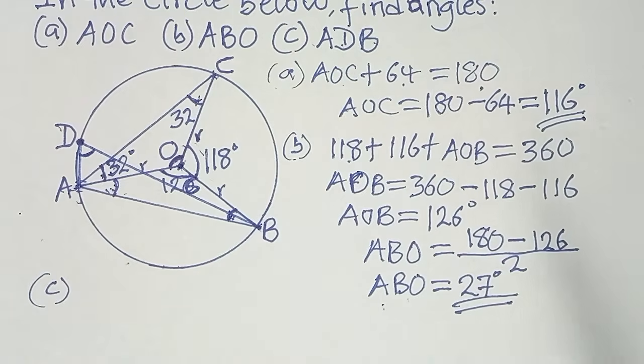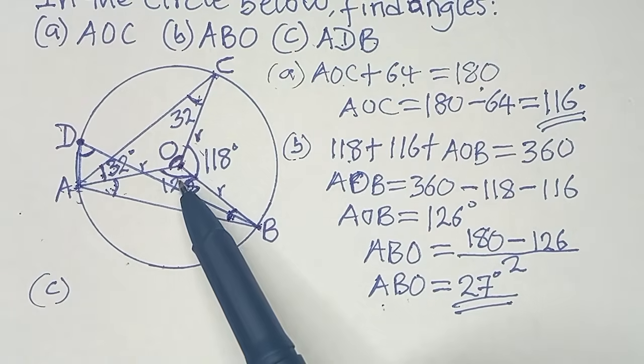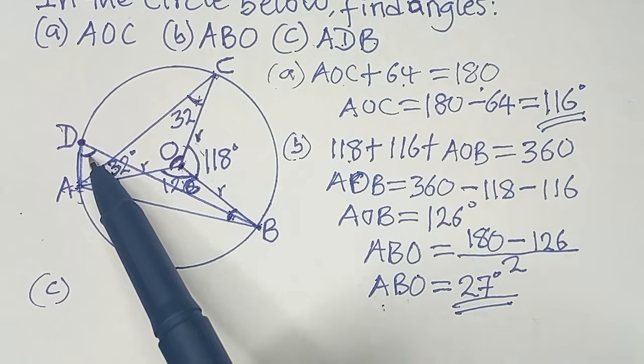The theorem that comes to mind here is that the angle at the center is twice that at the circumference of a circle.